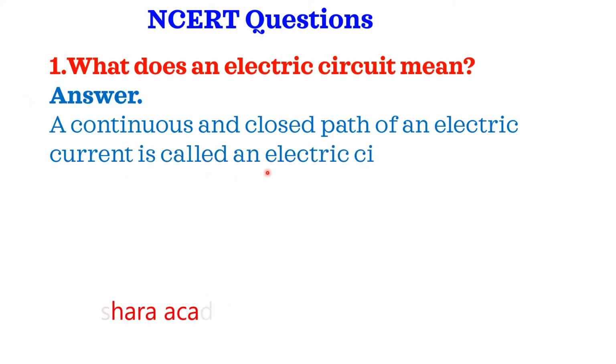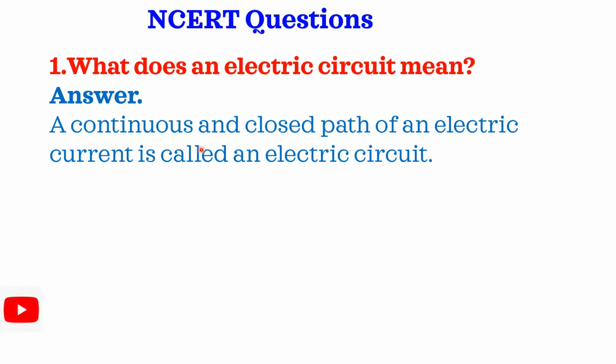A continuous and closed path of an electric current is called an electric circuit. Here electric circuit is nothing but electrons flowing in a complete closed path.